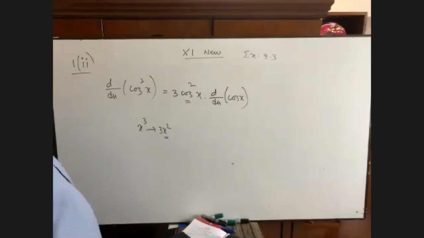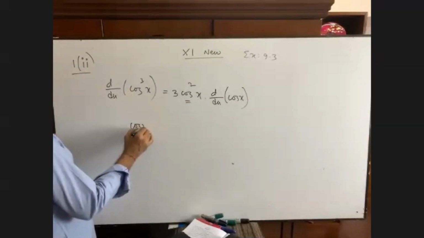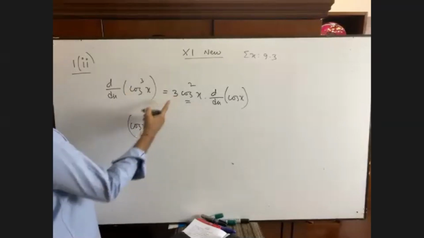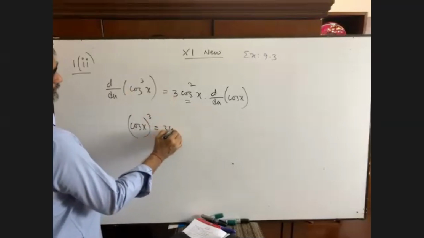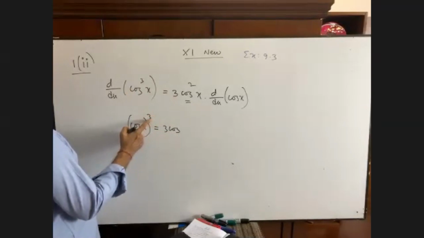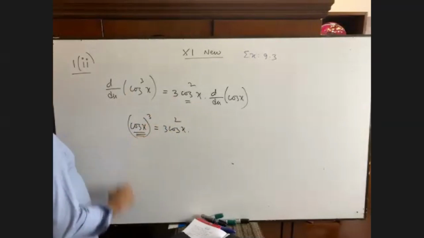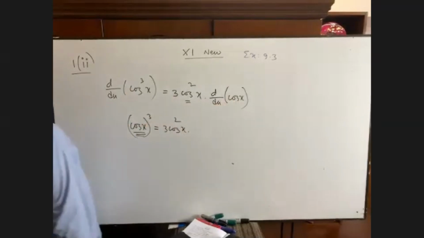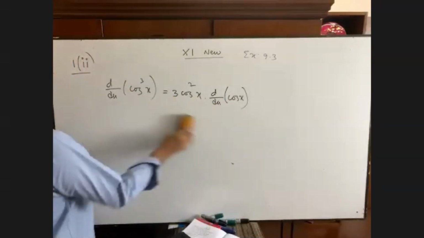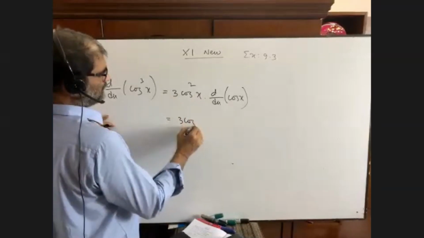You see, what is x here? Please try to understand. Actually, this math is given in this way: cosine x whole cube. This is the math. It is 3. So its power will be decreased by 1. Now this is x, which again will be differentiated. So we are getting here 3 cos square x.